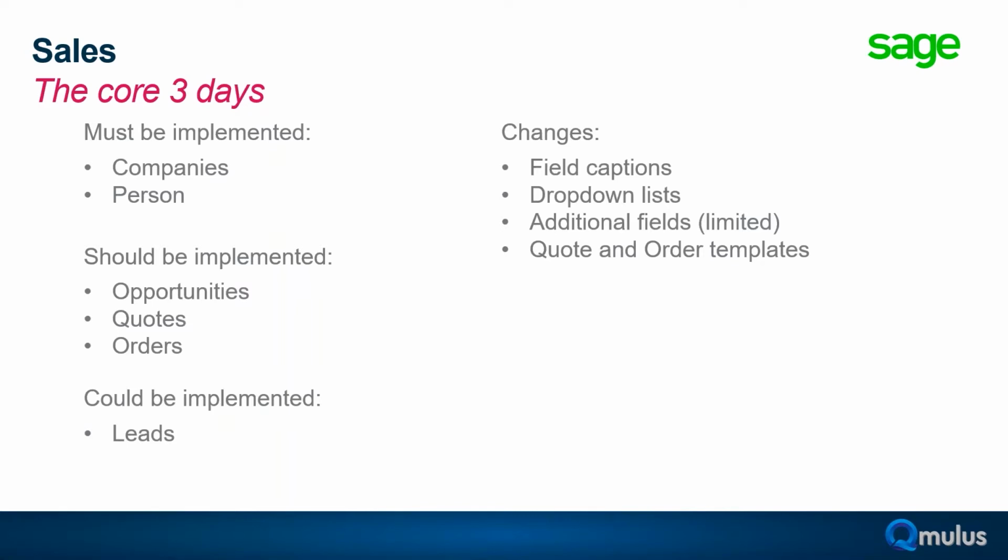In the UK, for example, we may have quote and order templates that look like a Sage 50 UK template or a Sage 200 UK quote, and then provide those to the customer to allow them to do minor modifications, such as changing the logo and potentially changing one or two of the fields in that template.